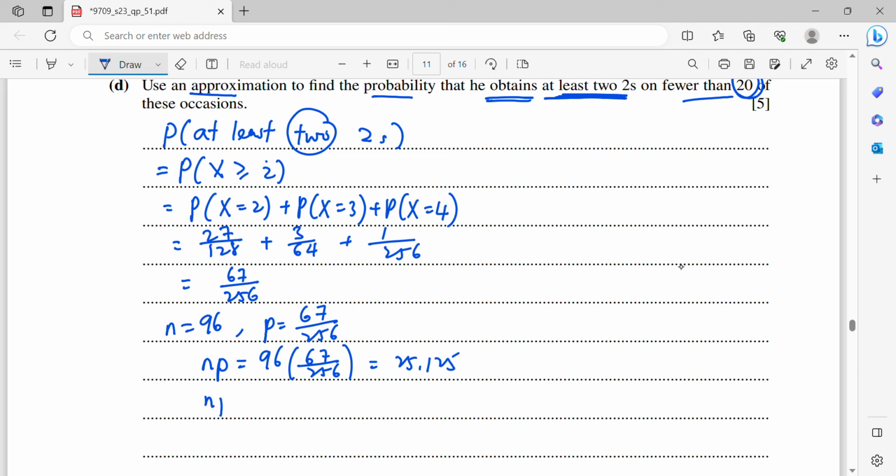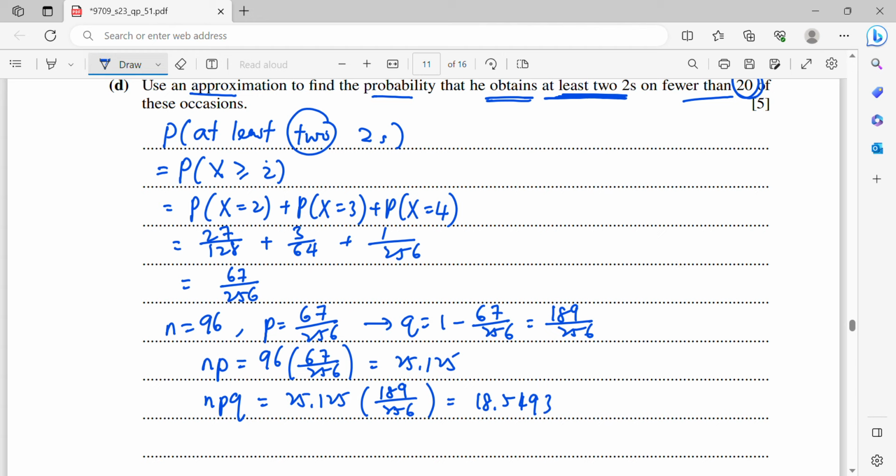Okay, then the npq is 25.125, that is our np, multiplied with the q. So your q is 1 minus 67 over 256, which is 189 over 256. So here I will write 189 over 256. Then this is going to be 18.5493. Okay.